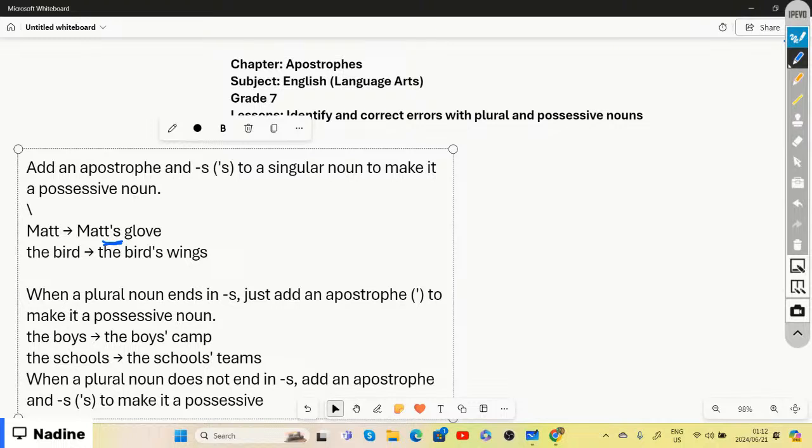But now, if we have, let's say, a plural noun, right? And if the plural noun ends in an s, then we're going to have to just add an apostrophe to make it a possessive noun, which means that we will add the apostrophe after that specific word.